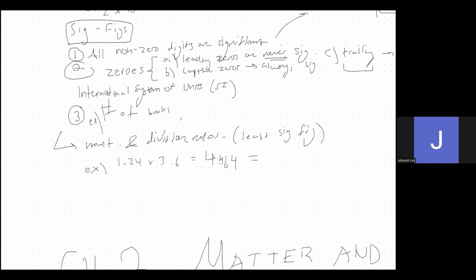So in this case, we use multiplication. And what we mean by least significant figures is this 3.6 right here. That has 2. This has 3. So we're going to use 2 as the least significant figures. That means this number right here will be rounded to 4.5. And that's that.